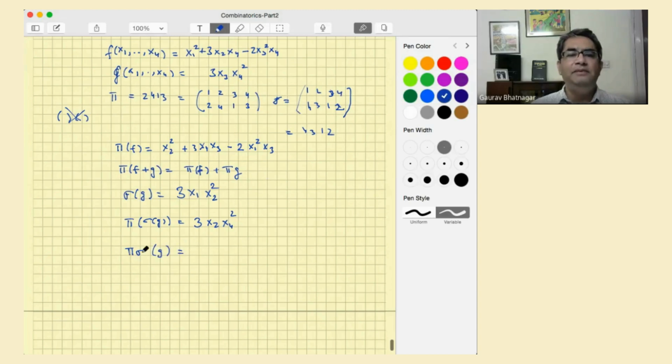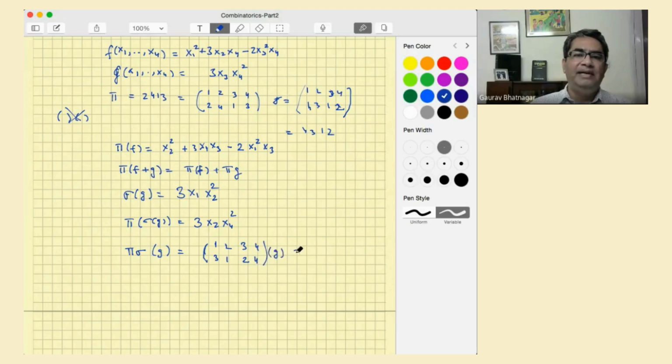First we are doing pi sigma, which means we multiply these two together. So 1 goes to 4 and 4 goes to 3, right? So pi sigma is: 1 goes to 3, 3 goes to 1, 2 goes to 4 and 4 goes to 2.